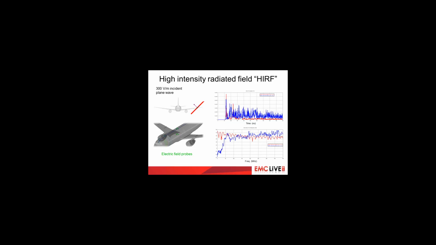We use a time domain analysis to capture the impulse response, which is shown on the top right-hand side. Fourier transformation of this response provides the spectrum. In this case, we're plotting it from 0 to 400 megahertz, which is covering the low and mid bands of HIRF. And you can see that the external field, shown in red, shows many resonances.